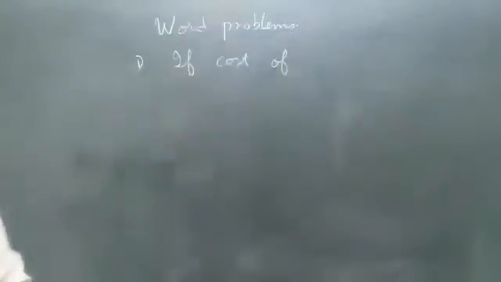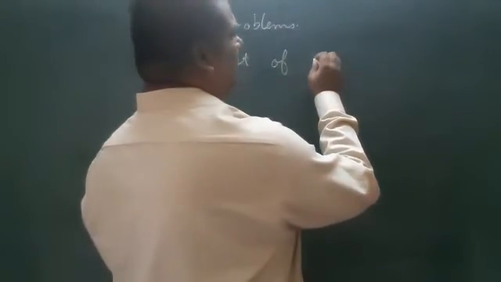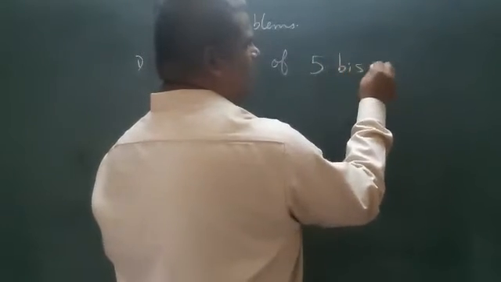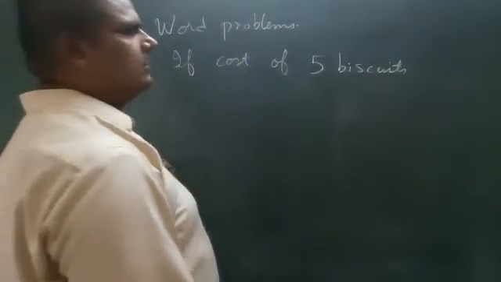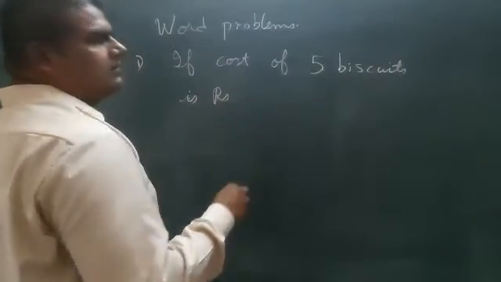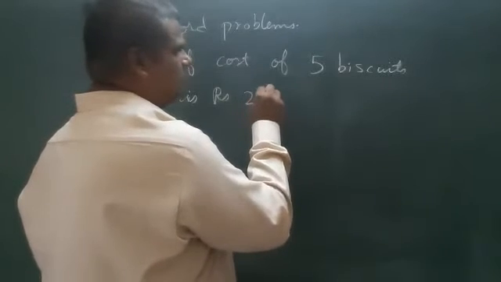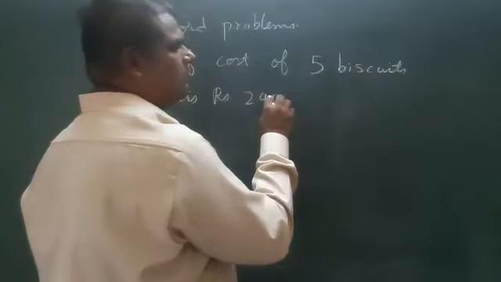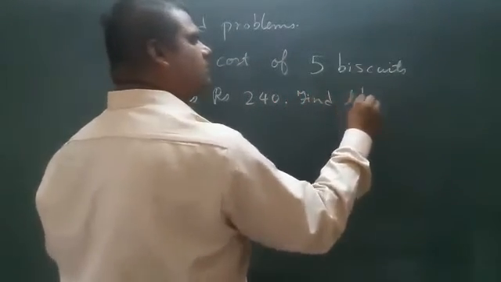If the cost of 5 biscuits is rupees 240, find the cost.